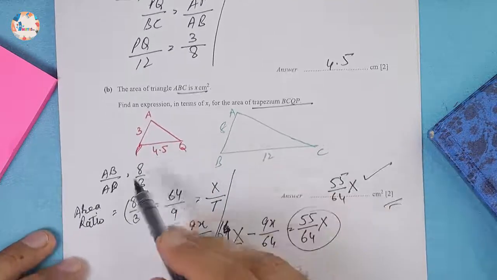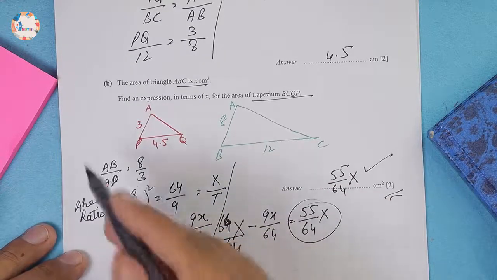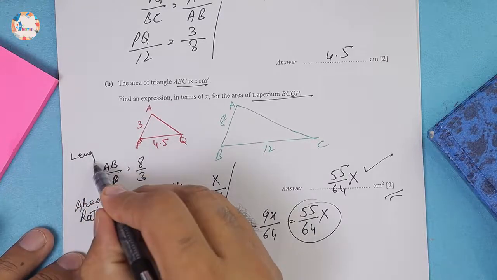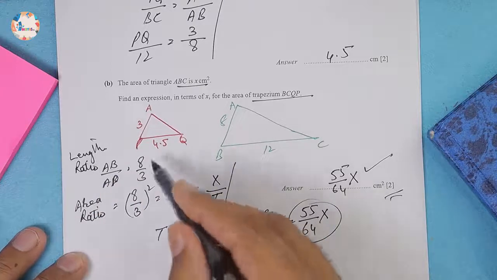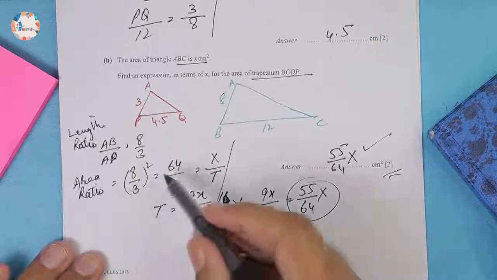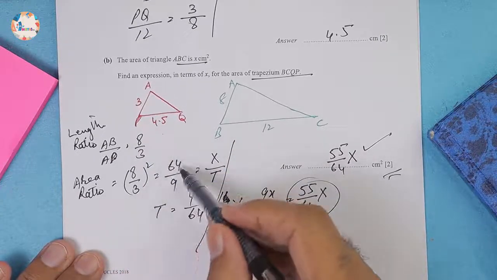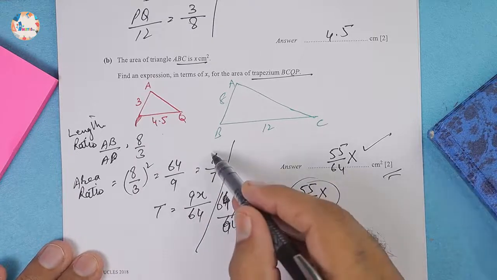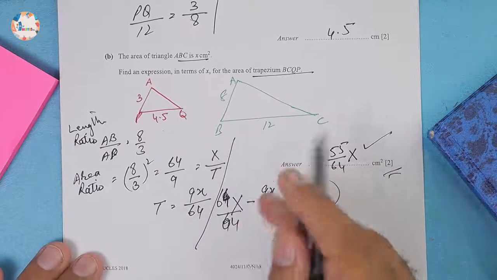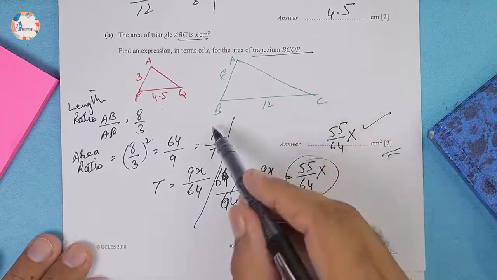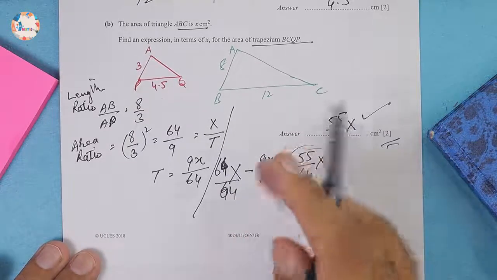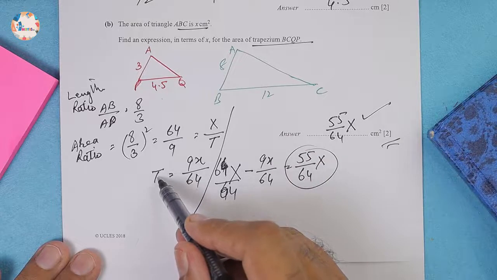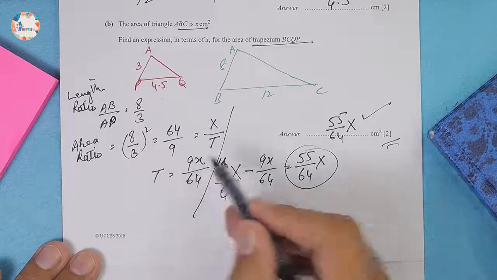The length ratio is 8/3, so the area ratio will be the square of this one, which is 64 over 9, the ratio of the area of the bigger triangle to the area of the smaller triangle.